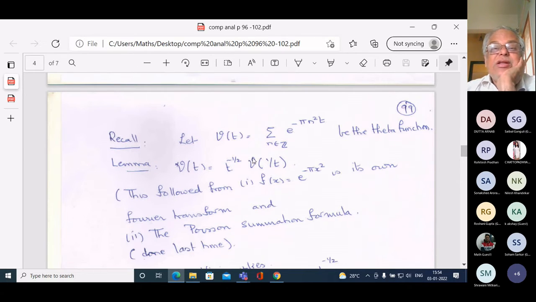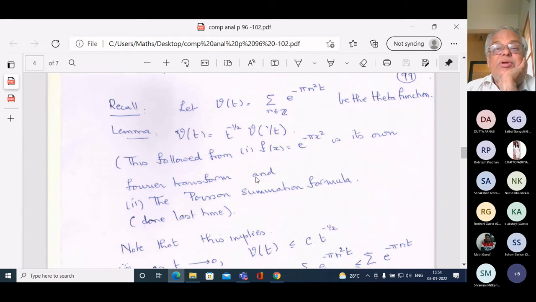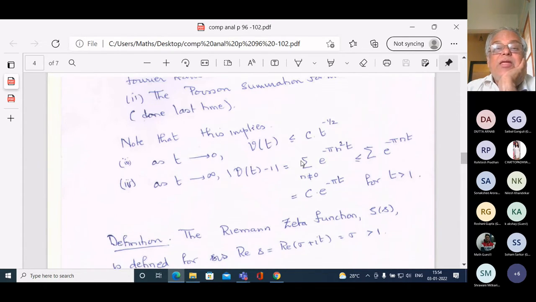Okay, and this is where I need my theta function business that I have. Theta of t is t to the minus 1/2 theta of 1 by t, which is what I was just explaining to you. This equation followed from the fact that f(x) equal to e to the minus pi x squared is its own Fourier transform, and the Poisson summation formula.